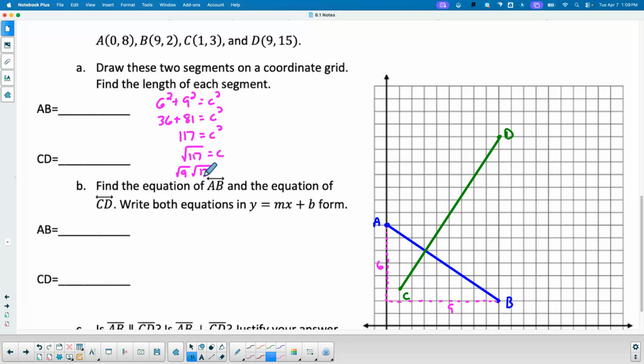Is that 13? Yeah? Okay. So I get that segment AB is 3 square roots of 13. Speak now or forever hold your peace.